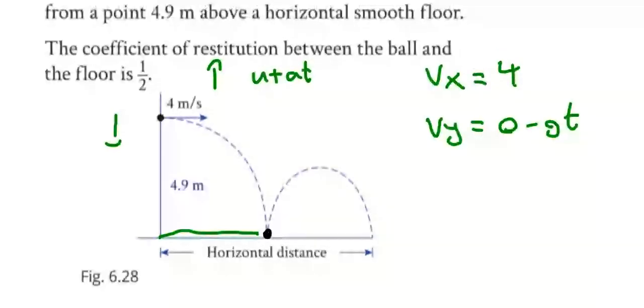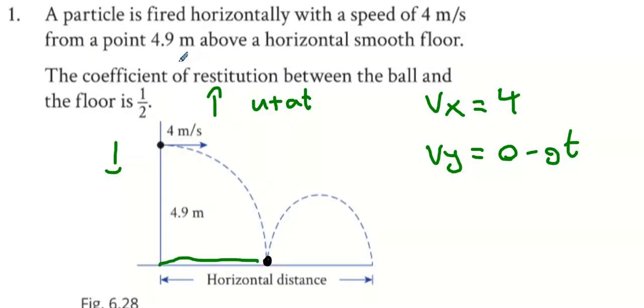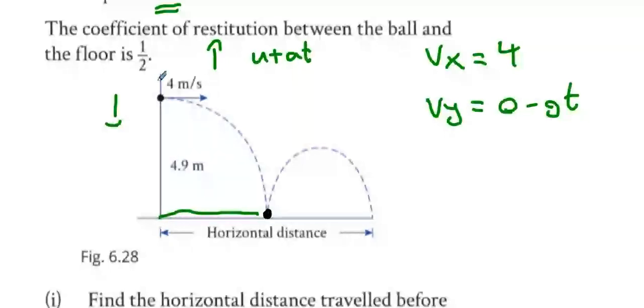I think I should change the decimals. Can anybody tell me why I should change the decimals? There's no mention of g in the answer, is there? So I'm going to use minus 9.8 for g. So minus 9.8 t. And that's the reason I'm not using g, because everything else is in decimals. We good so far? What's my Sx?